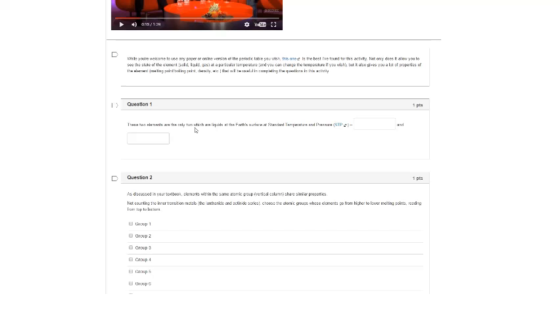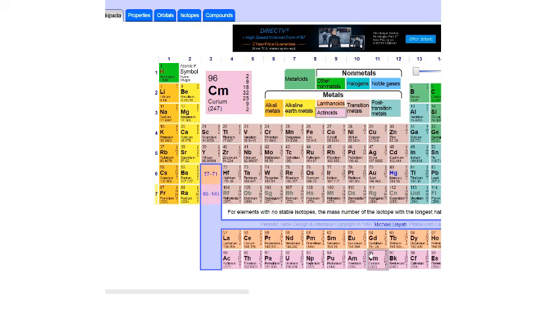So the first question asks about which elements are liquids at standard temperature and pressure. I'll give you a link to the definition of standard temperature and pressure. And the cool thing about this periodic table, at least under this Wikipedia tab, is that anything in black is a solid, anything in blue is a liquid, and anything in red is a gas at standard temperature and pressure.